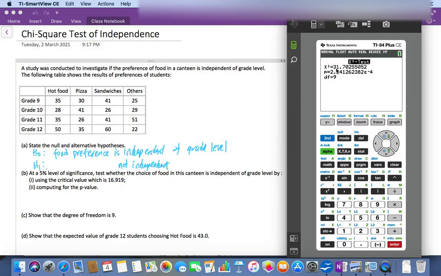So the first option that we want over here is to test using the critical value. For the first part, our calculated value is 31.7. Our conclusion will be based on whether this calculated value is greater than the critical value.